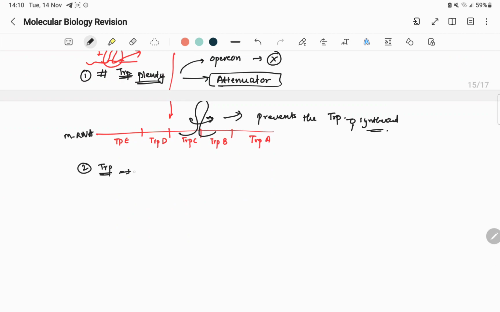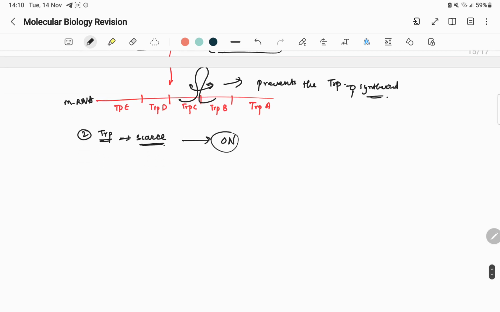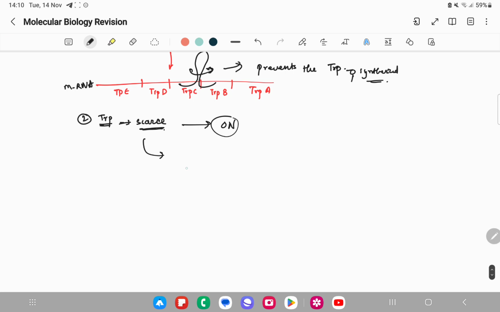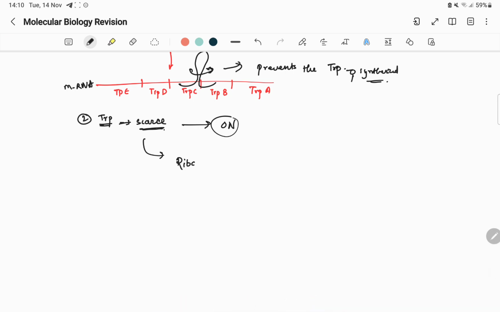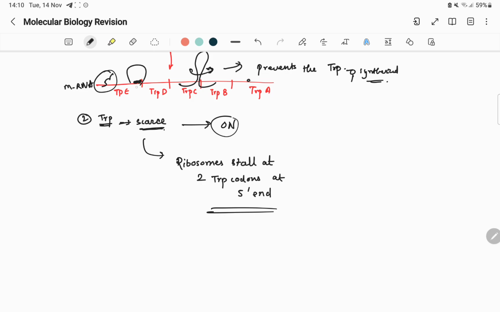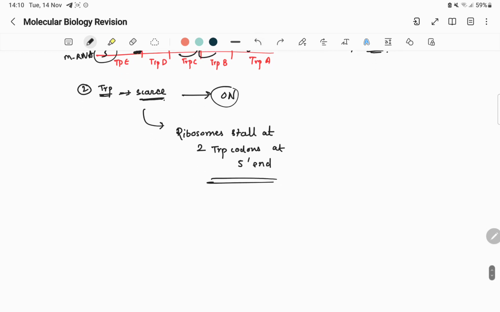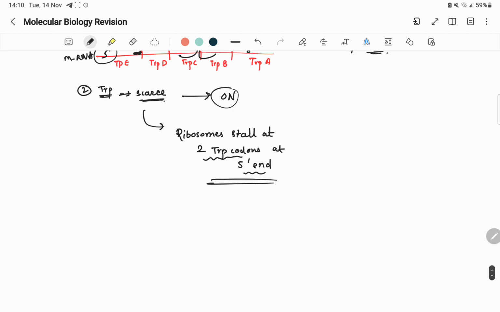Tryptophan is scarce, so we need tryptophan and the operon is switched on. With the lack of tryptophan, the ribosomes will stall at the two tryptophan codons at the 5' end.